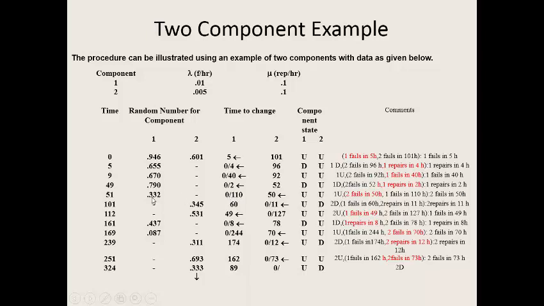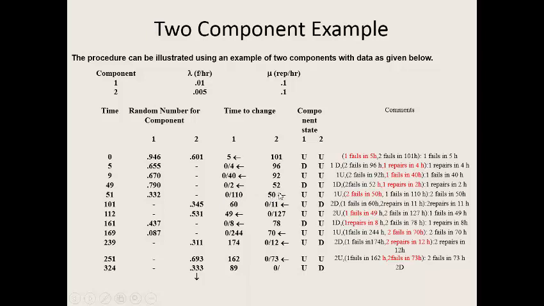So we draw a random number again and decide when this component will fail. Using this and the failure rate and that equation, we find that this component will fail in 110 hours. Now this component fails in 110 hours, and this component has only 50 hours.